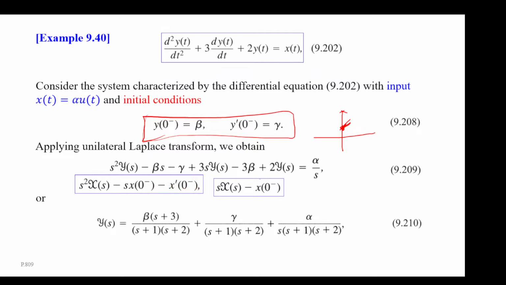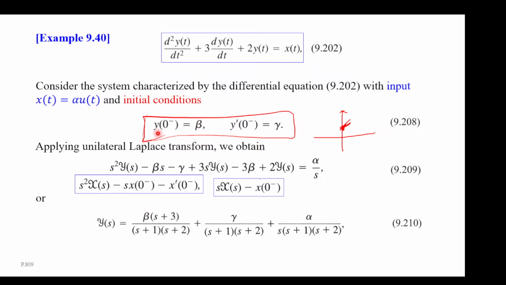Okay, and it's a bit confusing because we write big X here, but actually we are transforming y, so we should write Y here. So it should be s squared big Y, and minus s times y at 0 minus. But we know y at 0 minus is beta here.